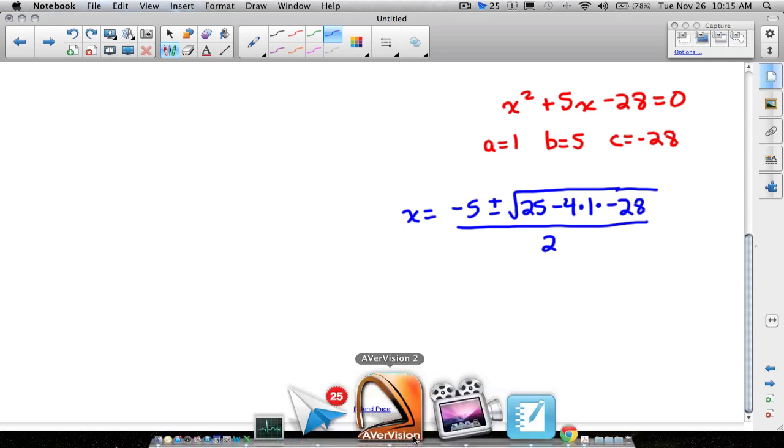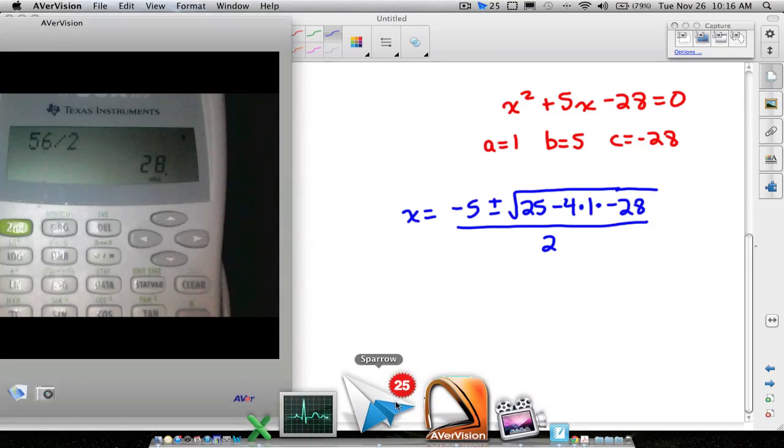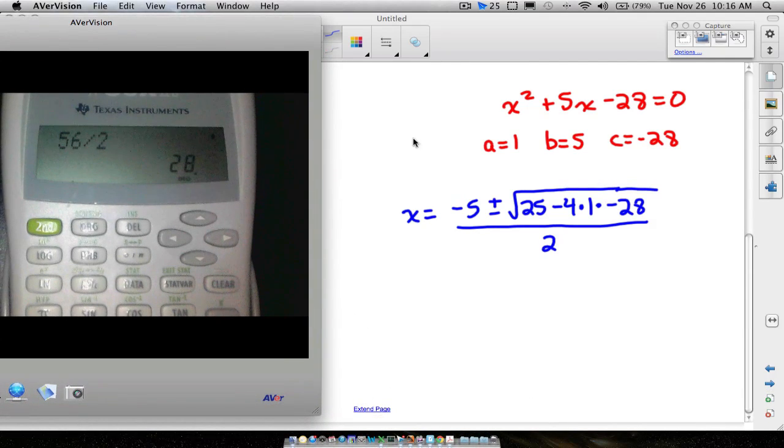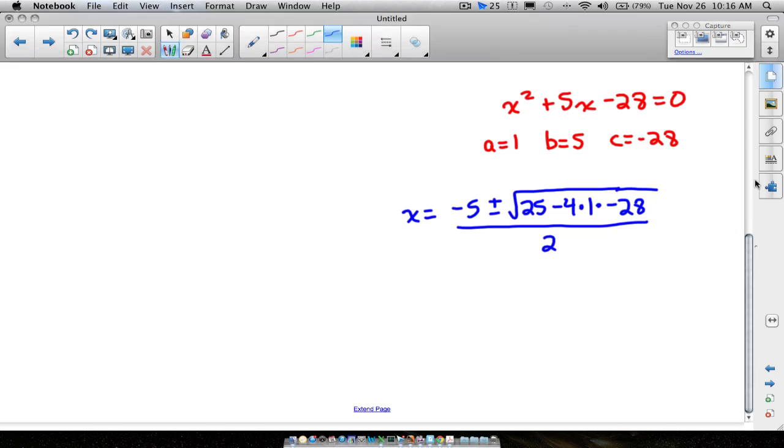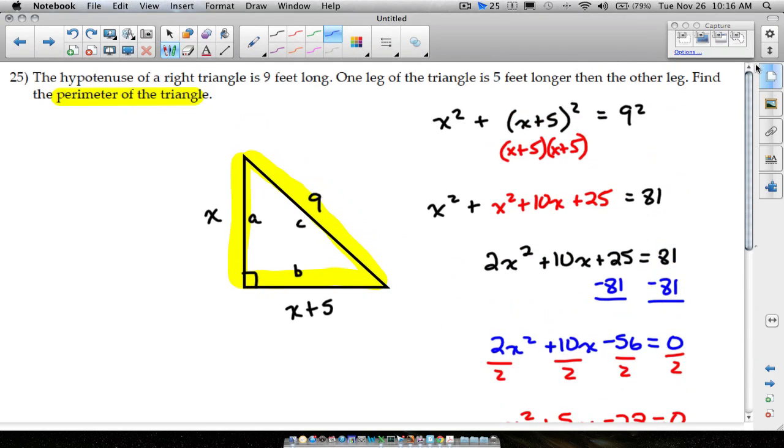All right, so let's go straight to the calculator. Let's get this number inside of here. Now, it does not say to round this thing. That's something I wish this test was a little bit more clear about. It doesn't say leave your answer in simplest radical form. It doesn't say to round it.